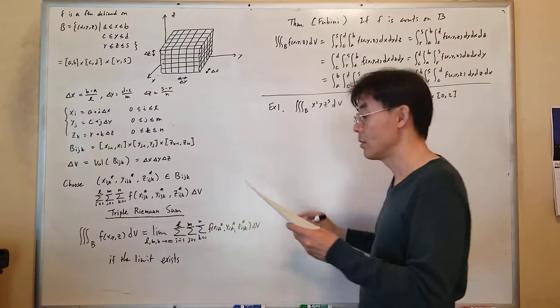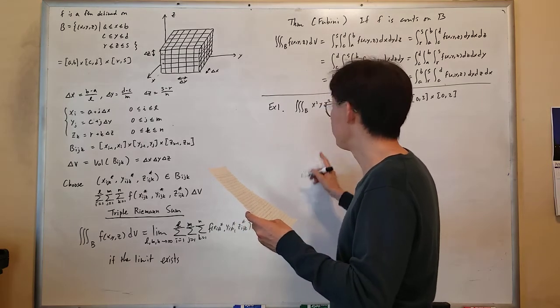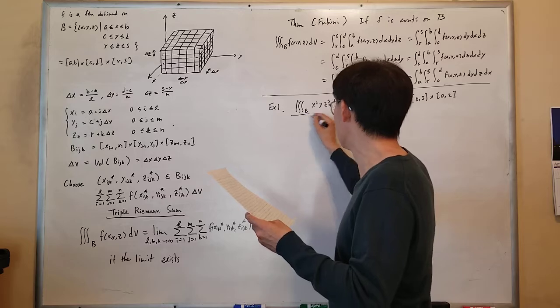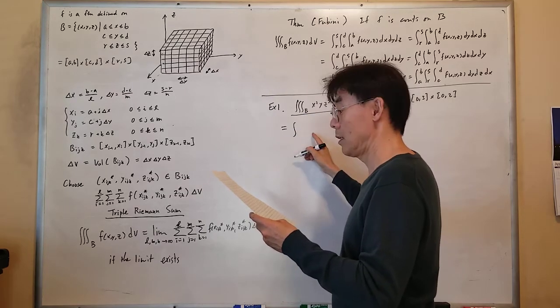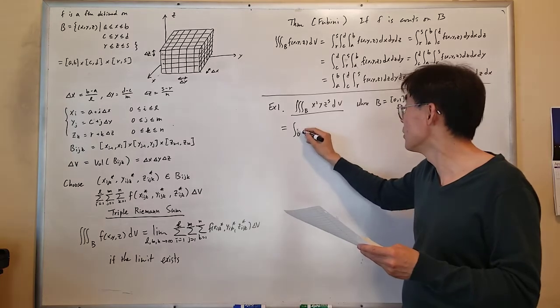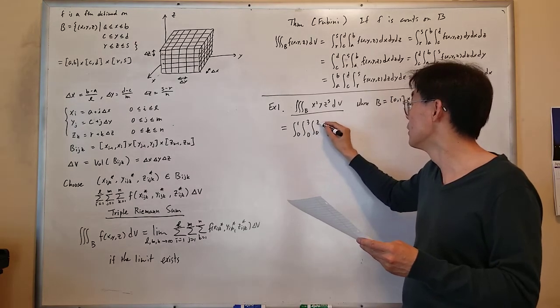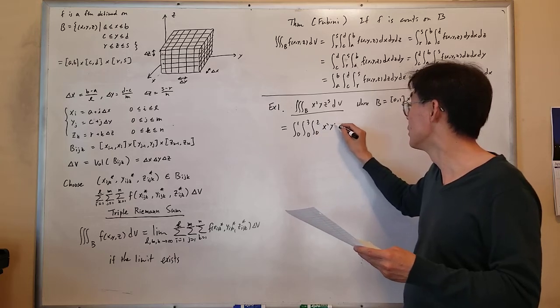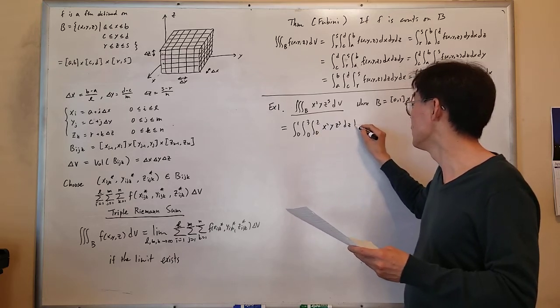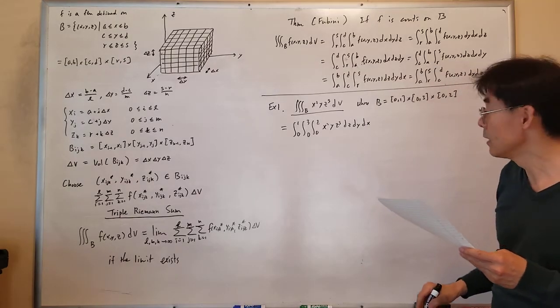In that case, we can do it in any order. So x, y, z, dz, dy, dx. You can do this, all right?